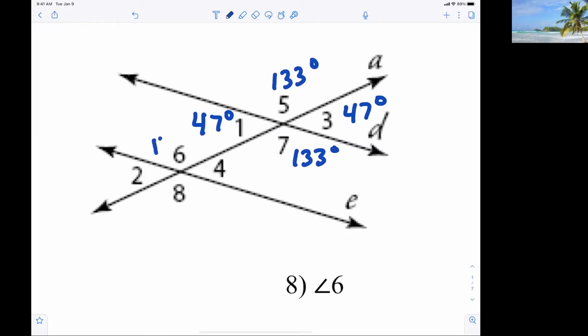Yep, 6 is 133. And Avery. I can't hear you. Angle 4 is 47. Beautiful. Ashley. And last one, Luca. 47 degrees. That's easy. Do you agree?